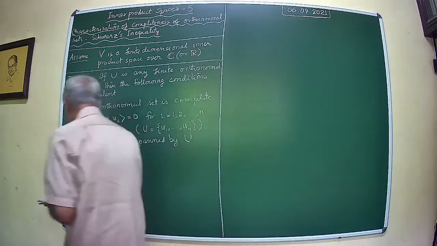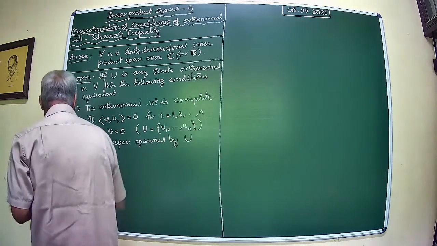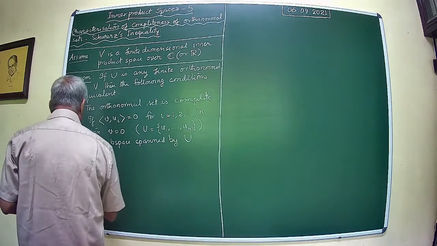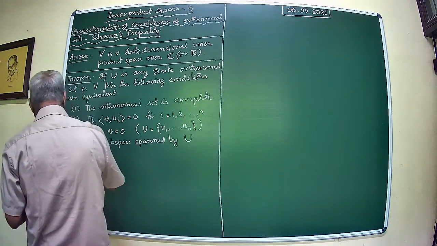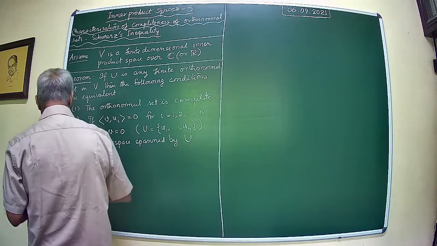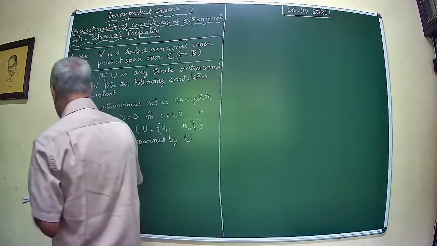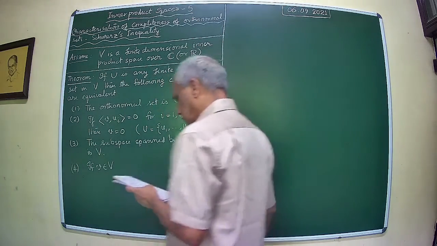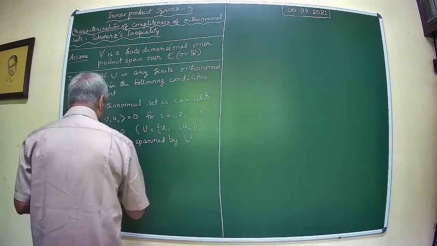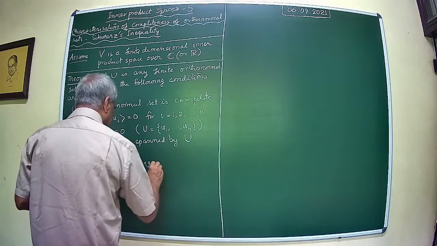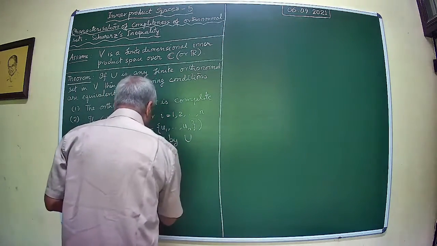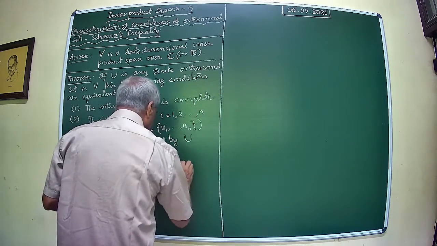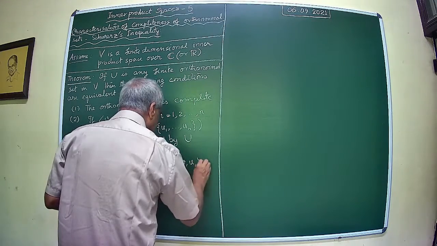The fourth statement is, if V belongs to V, then V can be represented as the sum of the inner product of V with Ui times Ui.